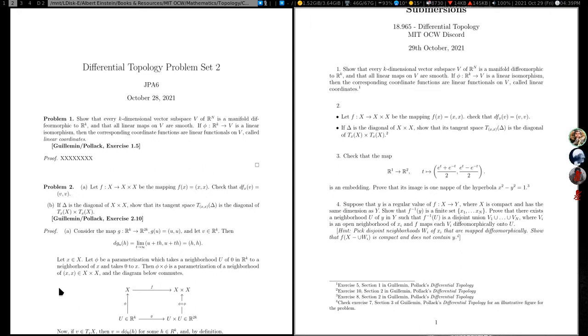And then that's a linear map from Rk into V. So we've covered V with one parameterization.